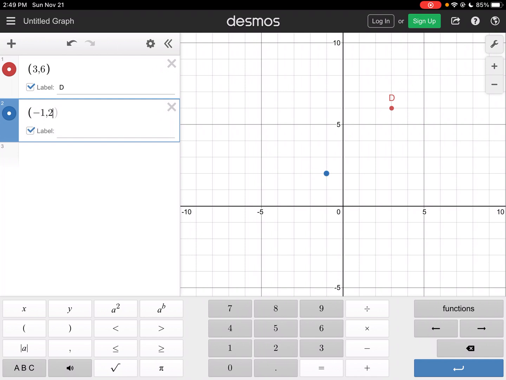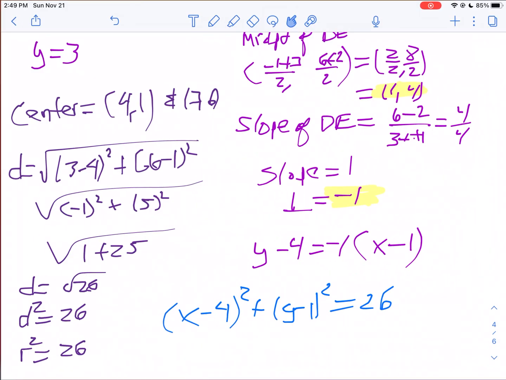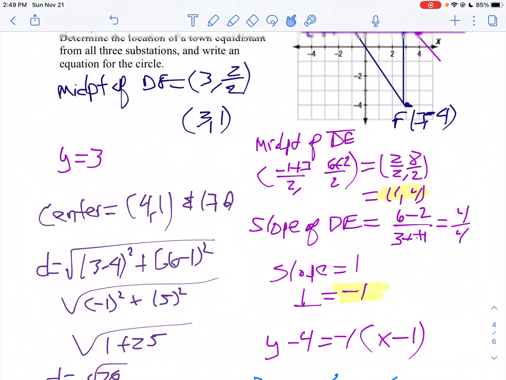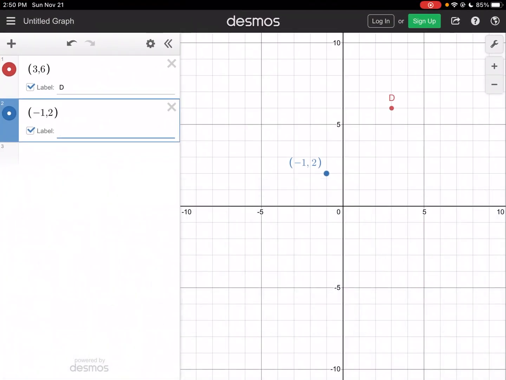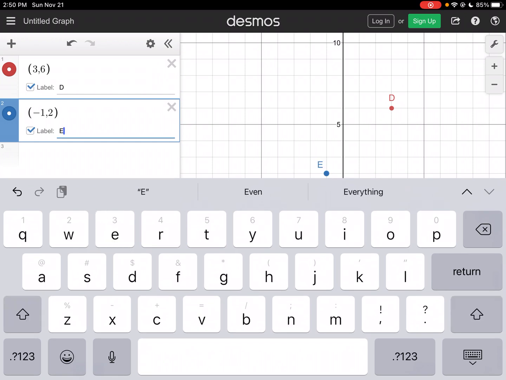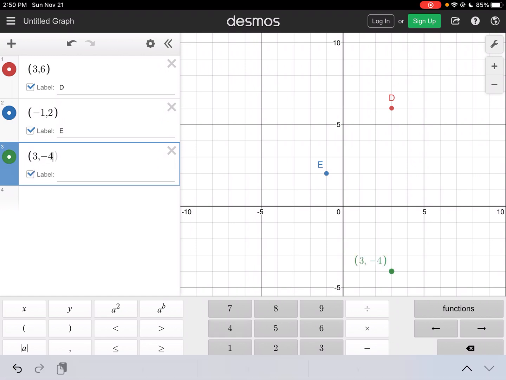I'll label that point E, right? Let's go back here. Point E is (-1, 2). Point F is (3, -4), and I'll label that as point F.